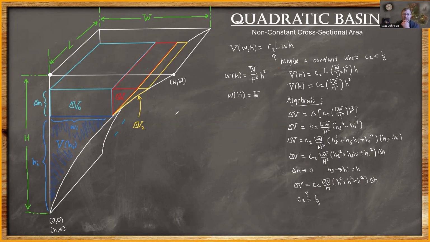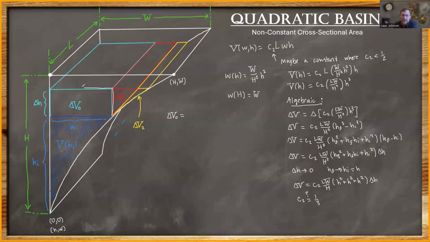Because if we go over here and now we talk geometrically, we would say delta V0 is really equal to what? Because we can do the rectangle. We're good at those. One-third length times width over h times delta h.